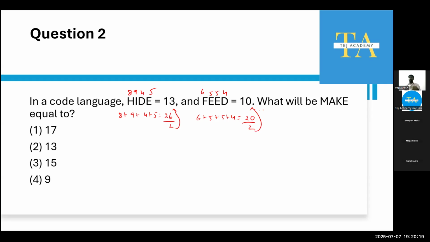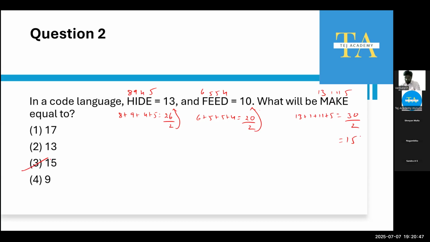So similarly, make: 13, 1, 11, 5. So 13 plus 1 plus 11 plus 5, how much? 30. How much is the sum? 30. 30 by 2, how much? 15. Option 3.